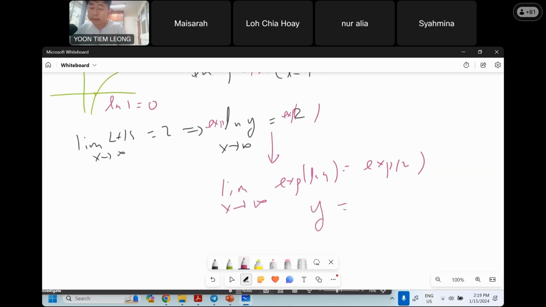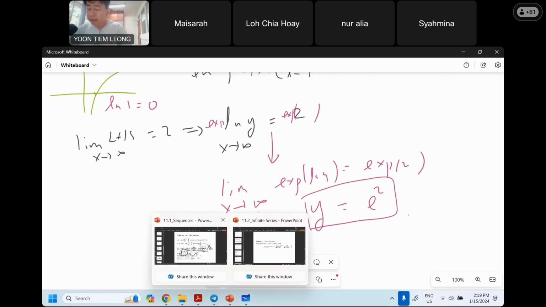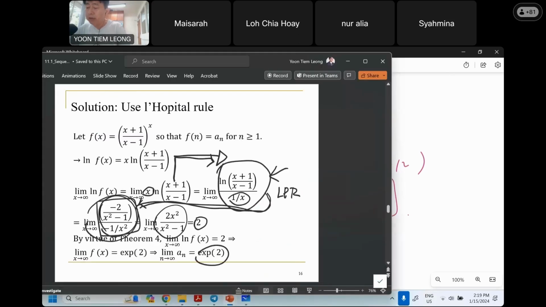Okay, then this is just equal to e to the power 2. The limit when x goes to infinity, y goes to the value of exponential of 2. So that is how you come to the conclusion that the limit of f(x) when x goes to infinity is just equal to e to the power 2. That infers that the limit of a_n will go to e to the power 2.